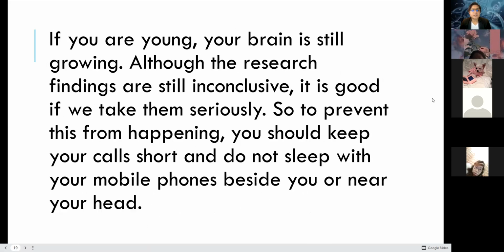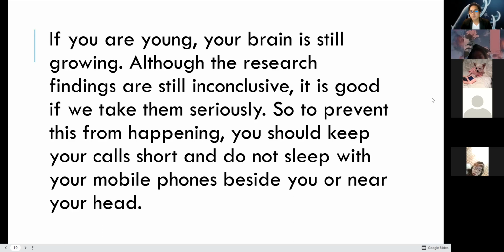If you are young, your brain is still growing. Although the research findings are still inconclusive, it is good if we take them seriously. So to prevent this from happening, you should keep your calls short, that's number one, and do not sleep with your mobile phones beside you or near your head, number two.